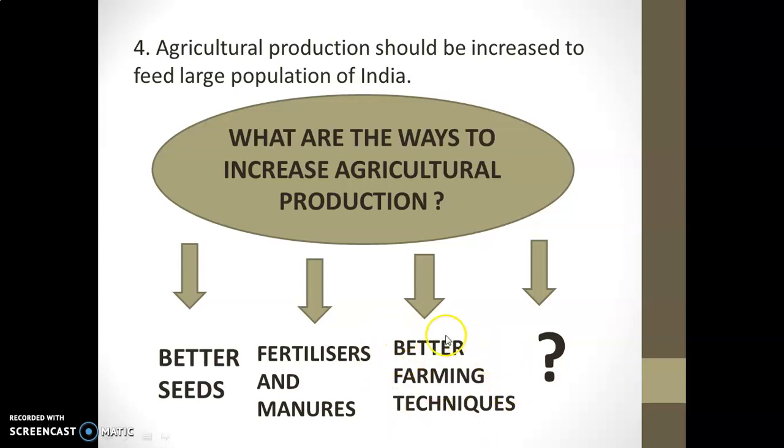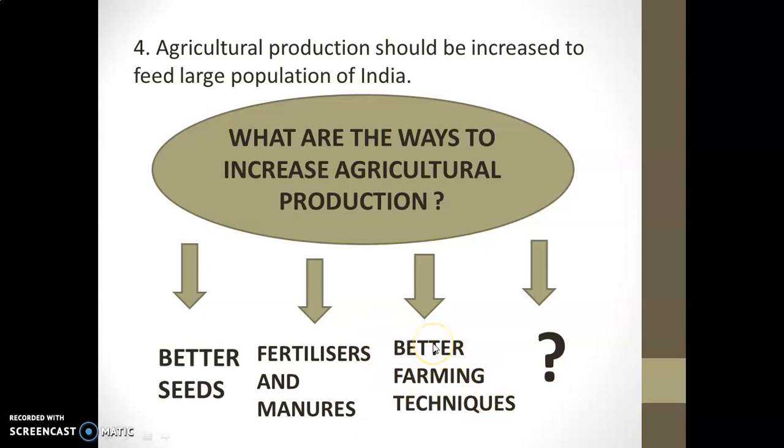Crop rotation means, suppose we are growing 3 crops in one agricultural field in a year, then in the next year we will grow the same crops in the agricultural field, but the sequence of the crops will be changed.